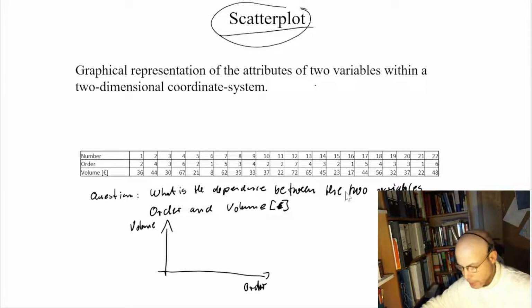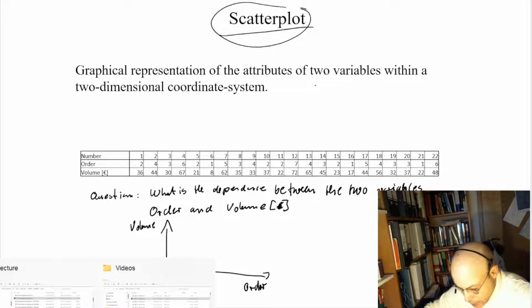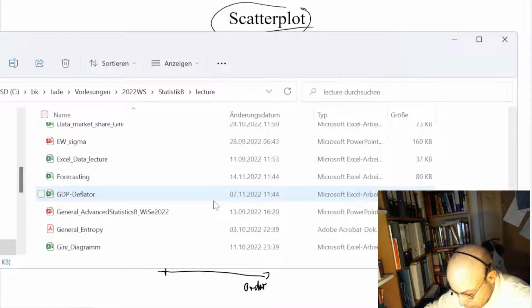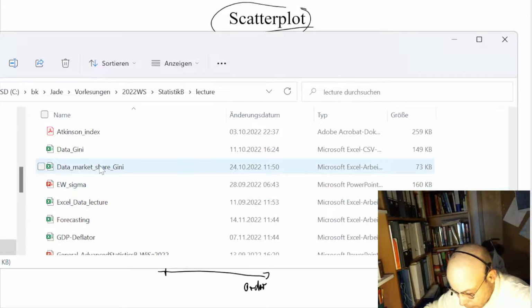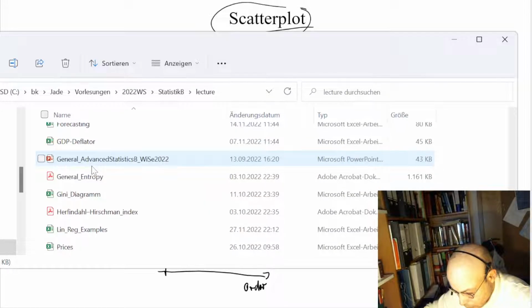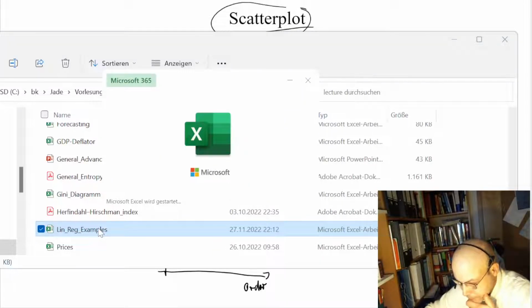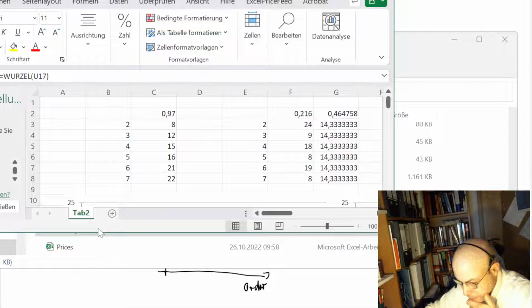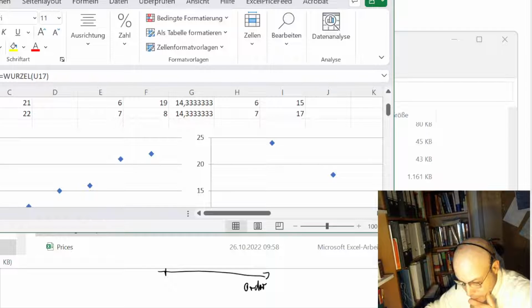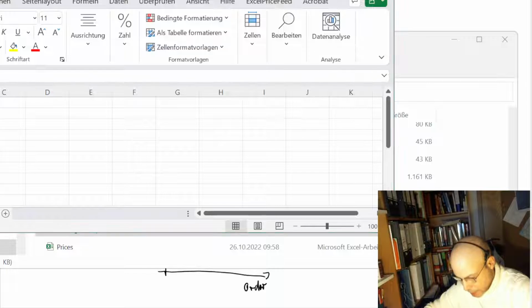And this, of course, we can do in Excel. So then we put the data in our table.